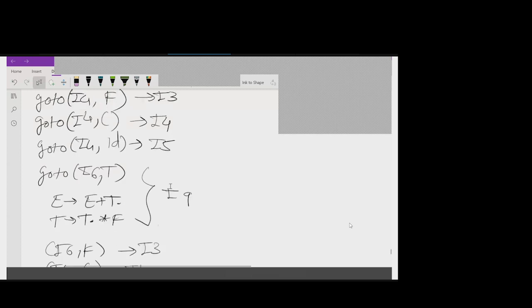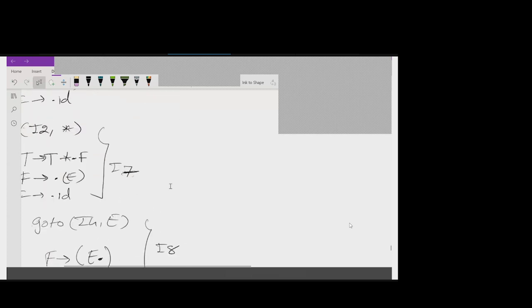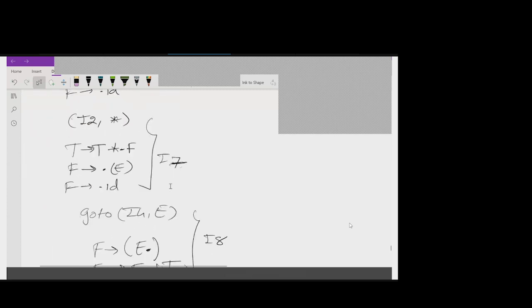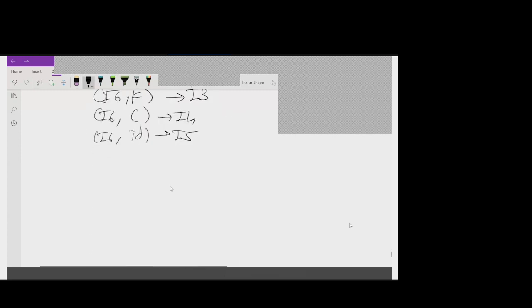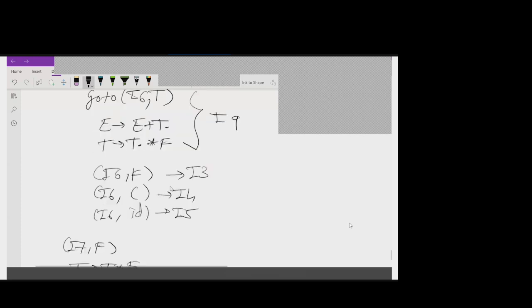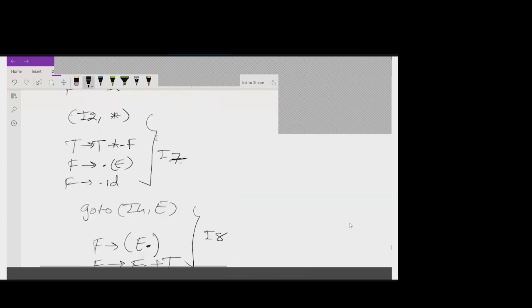Okay. So now you are going to approach with state I7, right? I7 comma F. So states will be what? T gives T cross F dot, right? There is no another F. So T gives T cross F dot.